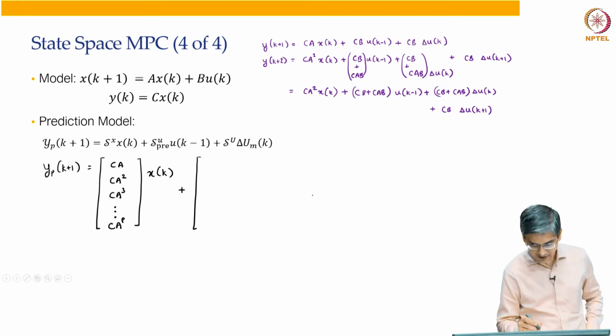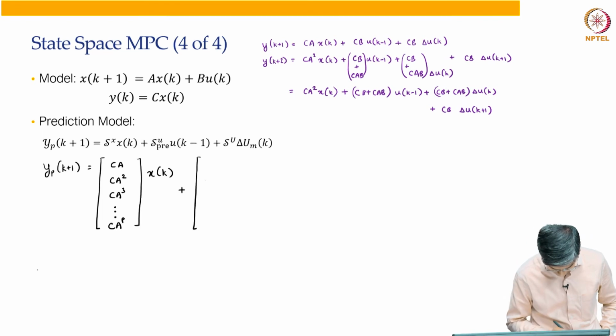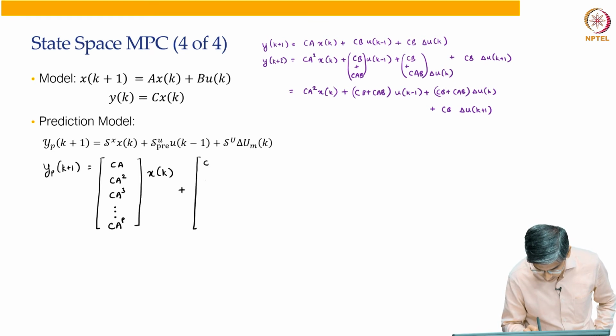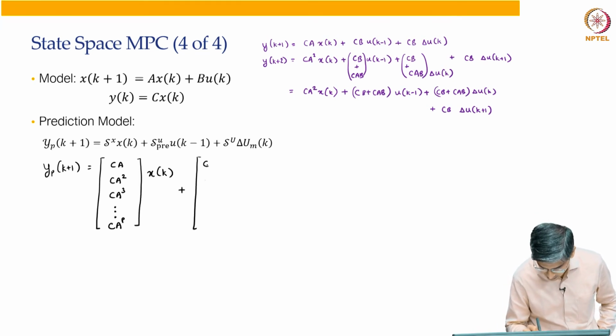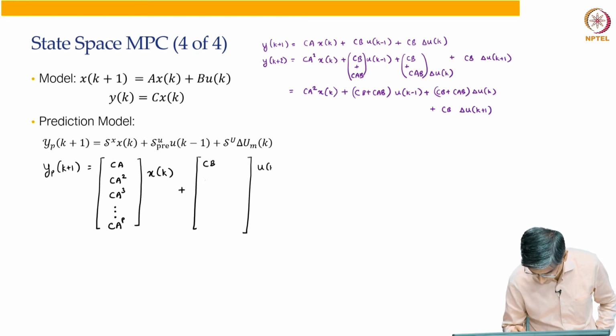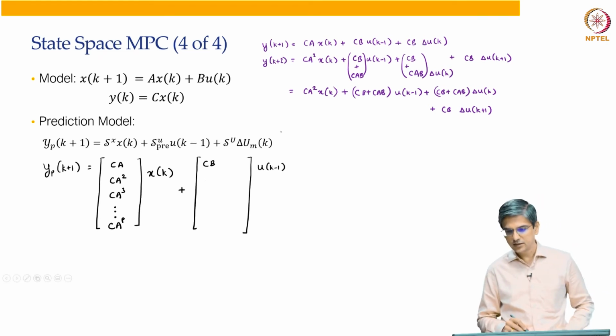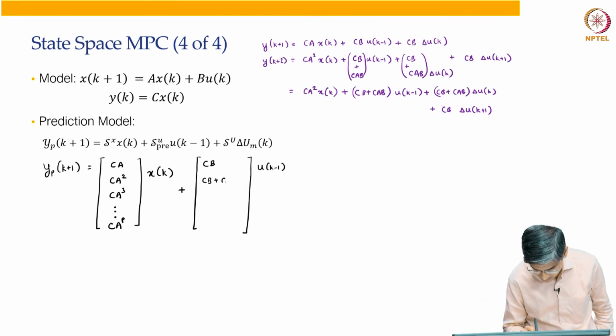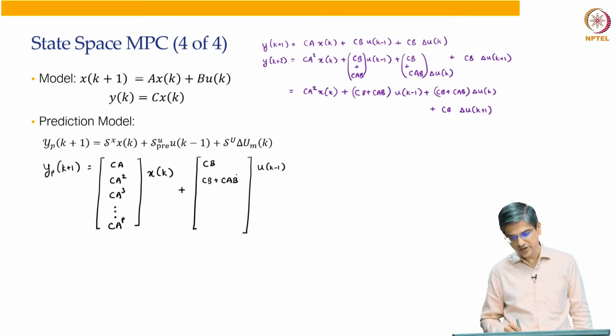So, what do we have? Again we have Cb multiplied by uk minus 1. Then the next row we have Cb plus Cab multiplied by uk minus 1.